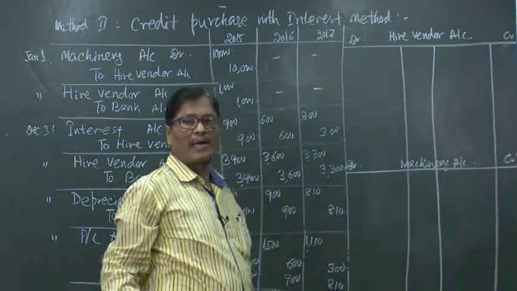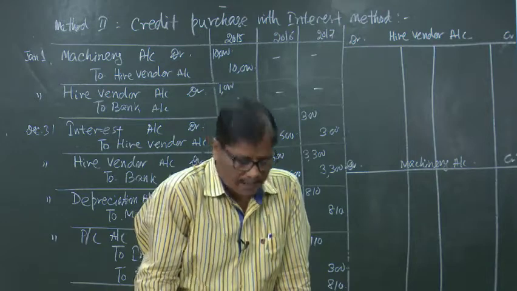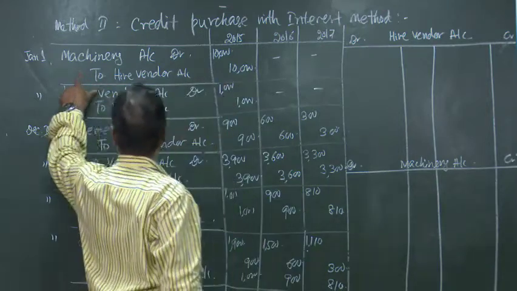So, two important ledger accounts which we will prepare are hire vendor account and machinery account. Just we have to post from this.